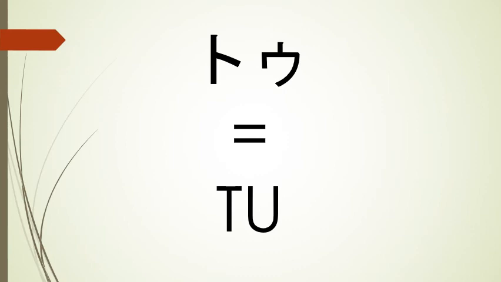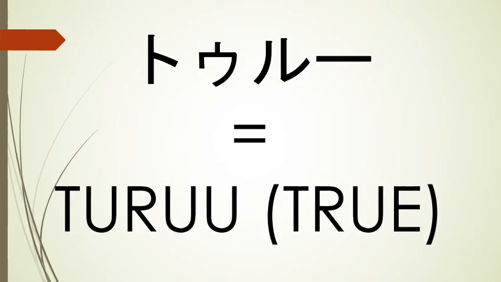However, when I was researching katakana, this combination came up in multiple places. So it's good just to know that it's out there, just in case you run into it. I don't expect you'll run into it that much. So if we were to take to, small u, ru, and a long dash, we would get turu, which means true.